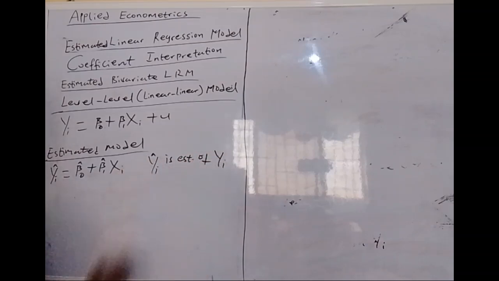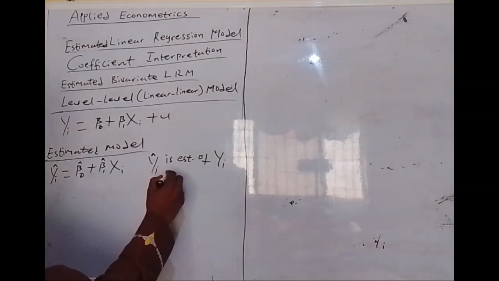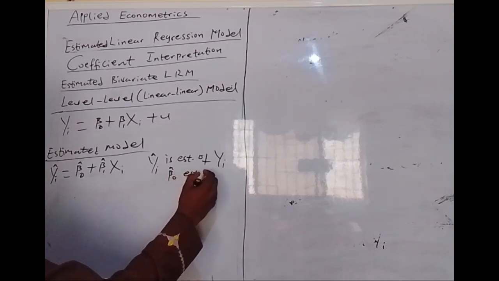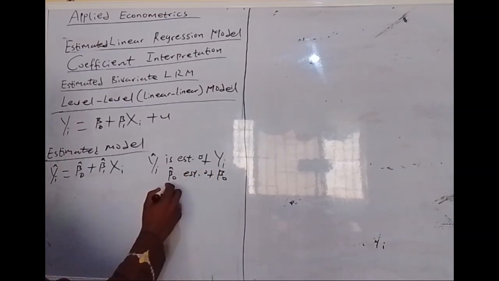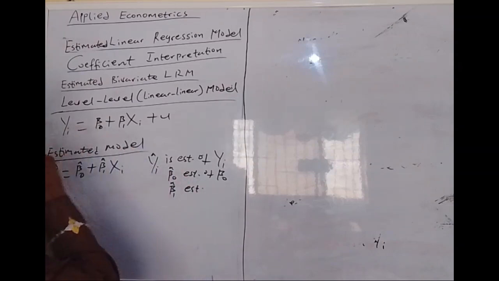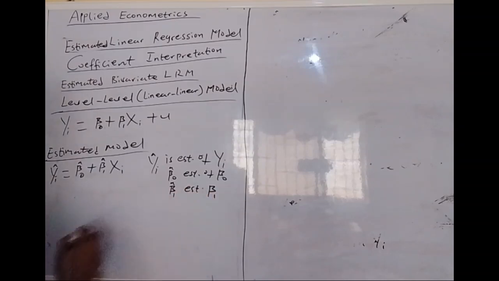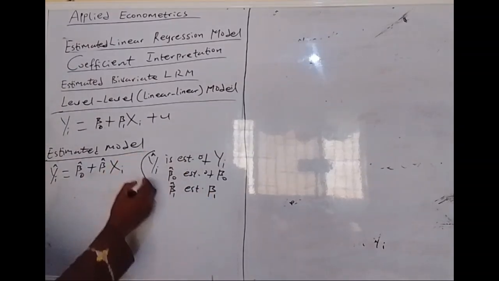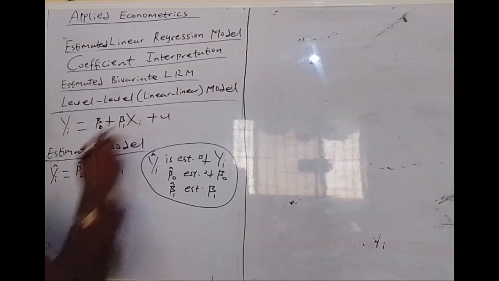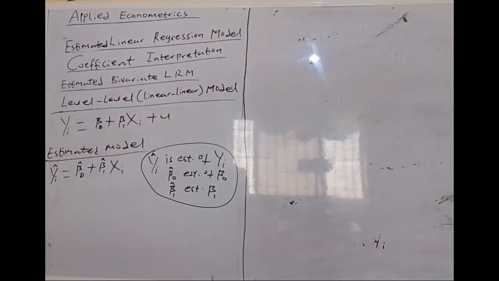Beta naught hat is the estimate of the original beta naught, and beta 1 hat is the estimate of beta 1. The interpretation will be based on the original population regression model, more than the estimate.